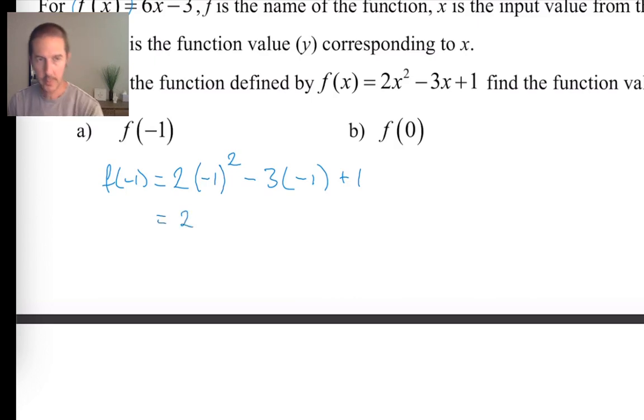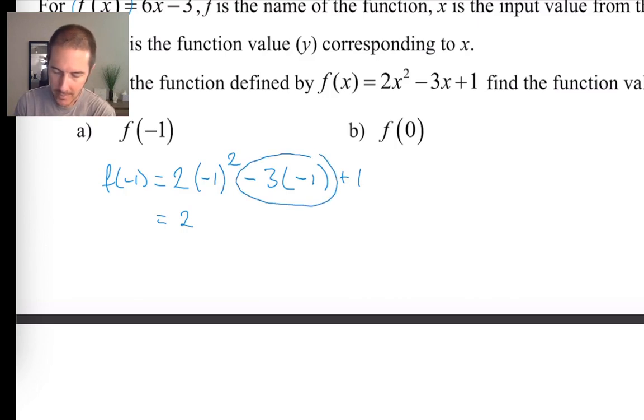-1 squared is -1 times -1, which is +1, times 2 is +2. And then here we've got minus 3 times -1. So the double negative there turns that into a +3, and then a +1 at the end, and we get an answer of 6. Therefore, f of -1 equals 6.